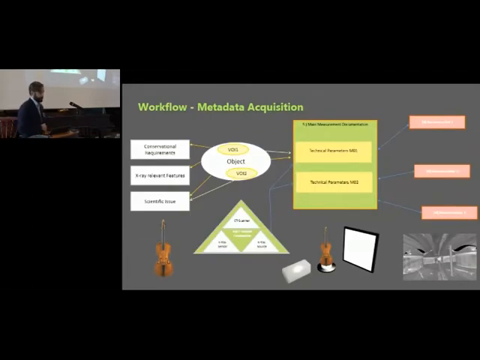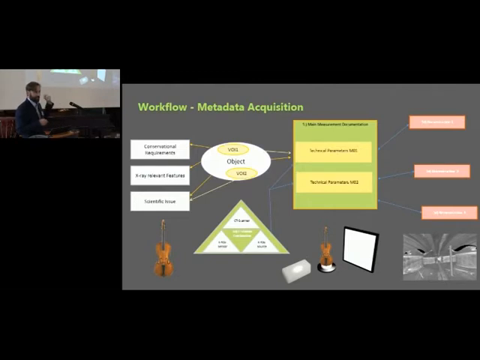In a diagram, you can realize it like that. So you have the object with the X-ray relevant features like metal, wood, and so on. You have a scientific issue. You have conservational requirements. Maybe you say, the humidity has to be 50%, and so on. And all this information comes into the measurement.